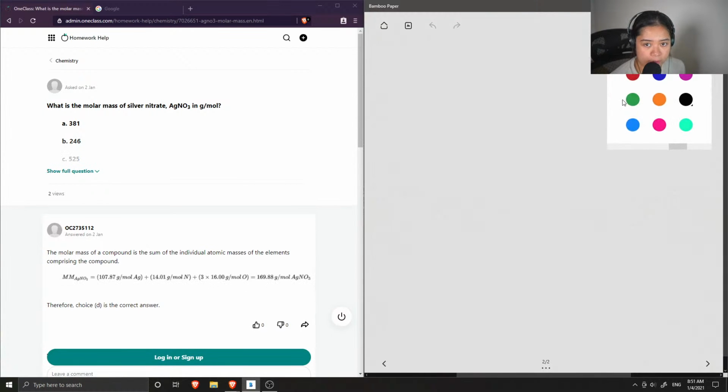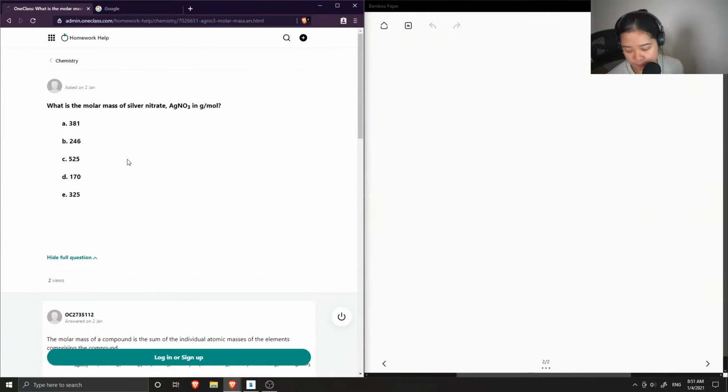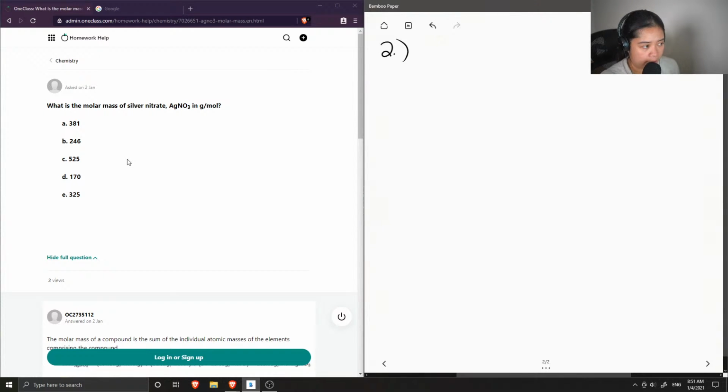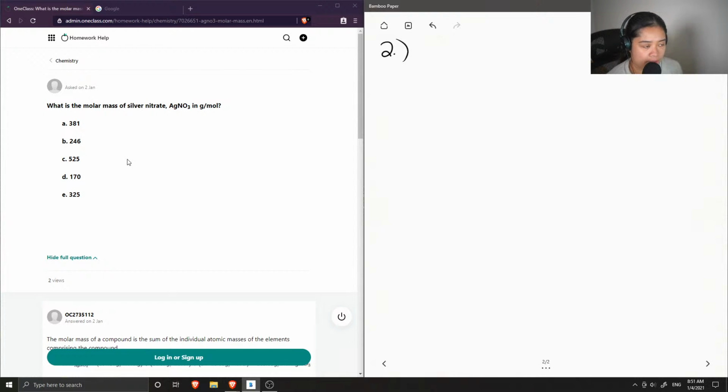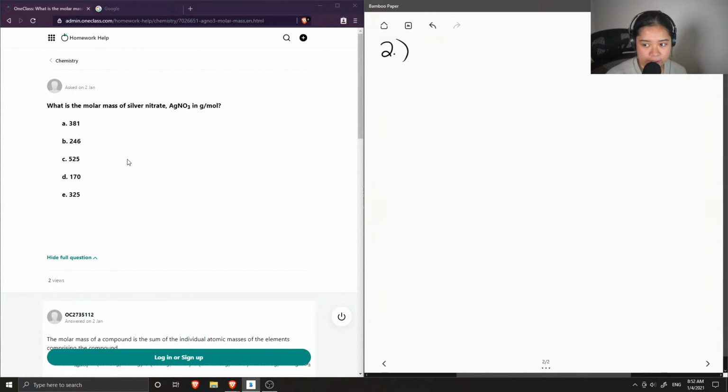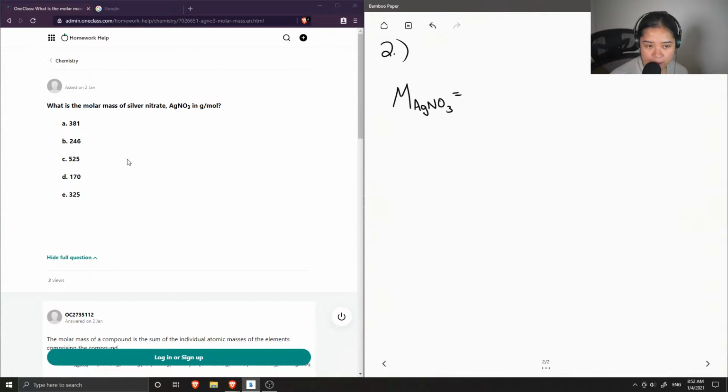Okay, so on to question number 2. What is the molar mass of silver nitrate, which is AgNO3, in grams per mole? And then they give us a whole bunch of different options. So to calculate the molar mass of silver nitrate, we would need all the different atomic masses of the elements involved in the compound.